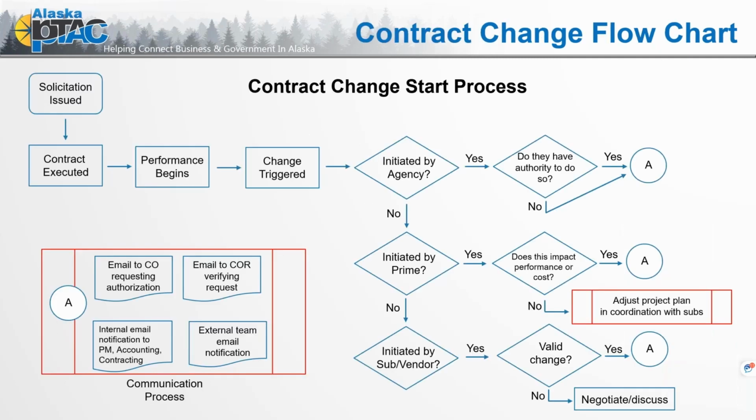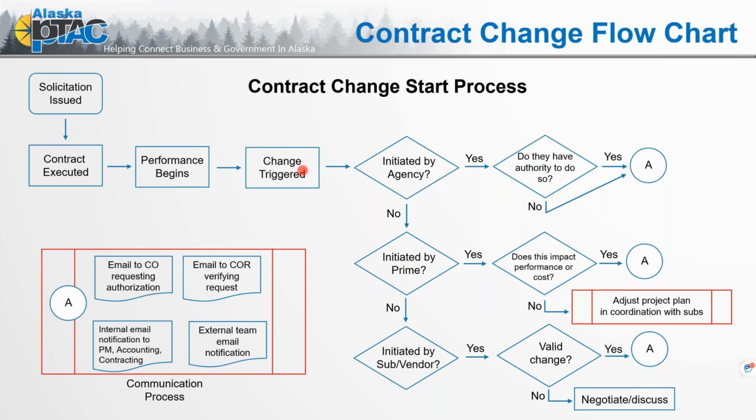So let's talk about how all of this comes about. Remember the days back when we learned how to flow chart. This is a rough outline and obviously doesn't include everything, but it gives us a skeleton of the process. A solicitation is issued, the contract's executed, performance begins, and suddenly things have happened.